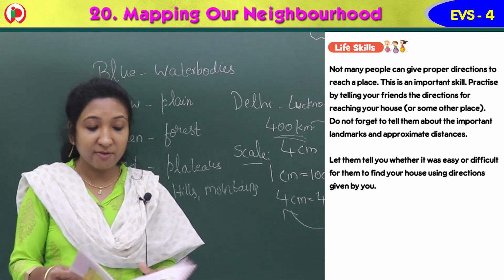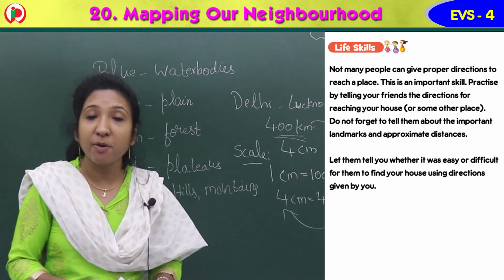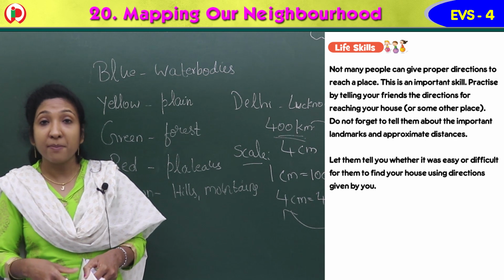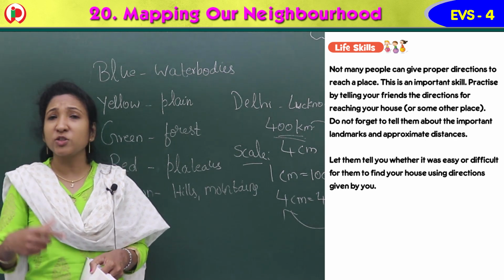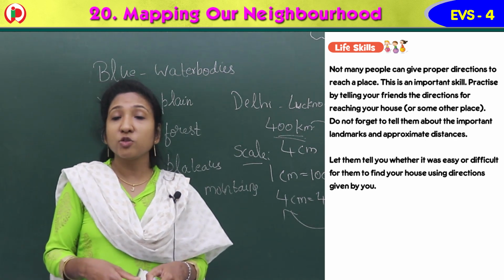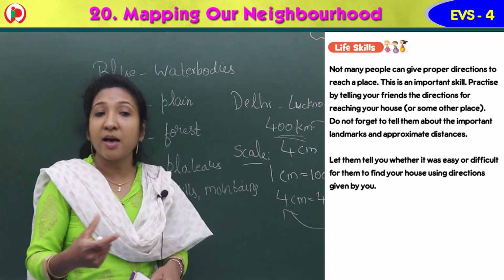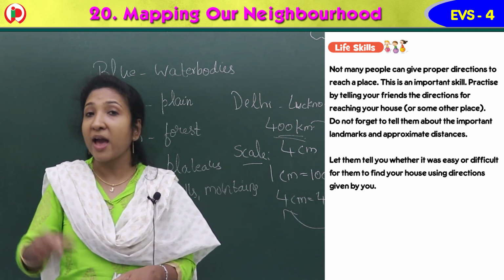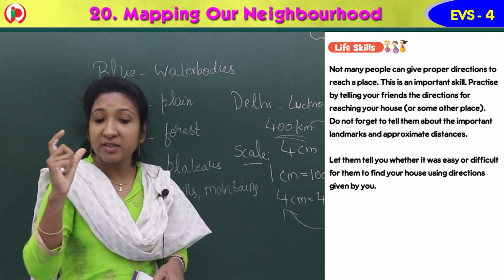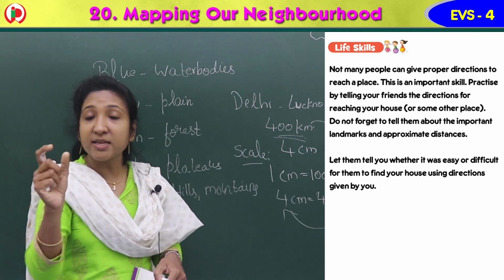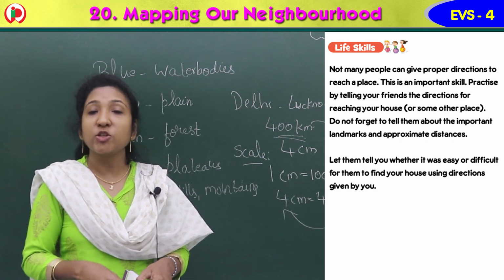Okay, so the Mapping Our Neighborhood lesson is so important. Why? Because it is telling us mainly about maps, isn't it? How to tell the directions, or how to explain different landmarks to reach a particular place. So you have to read this lesson thoroughly, and some important words or spellings you have to learn.